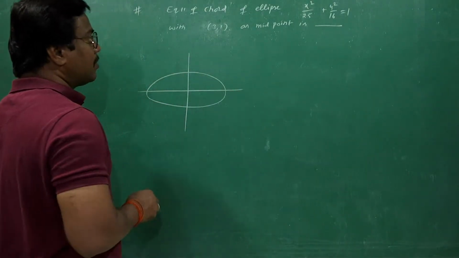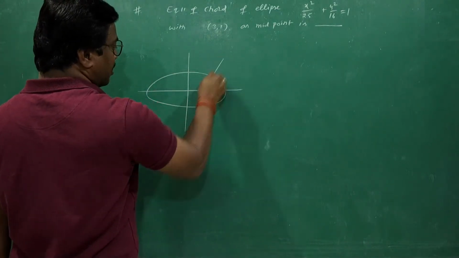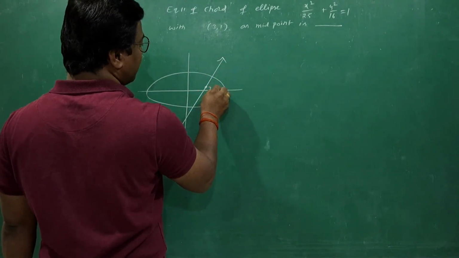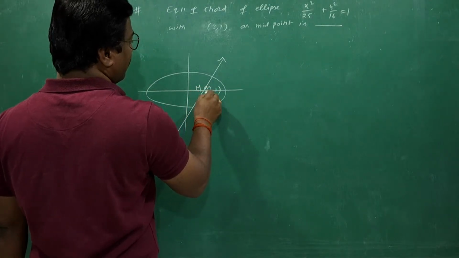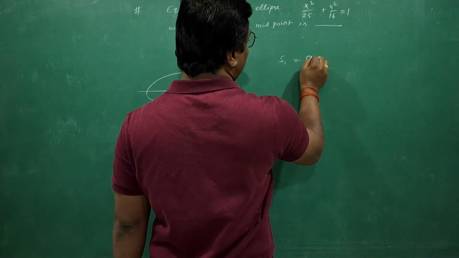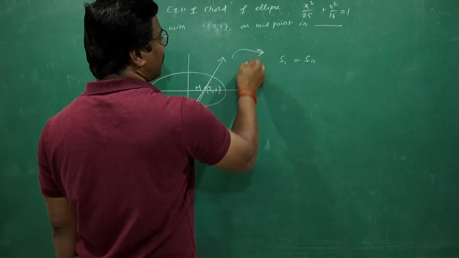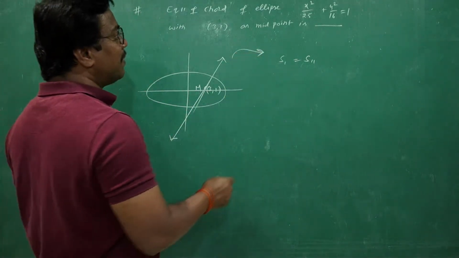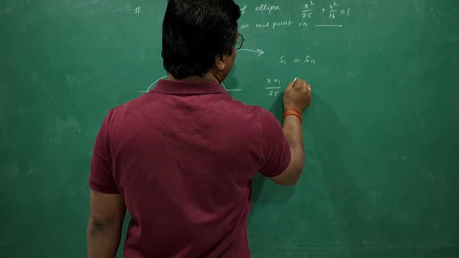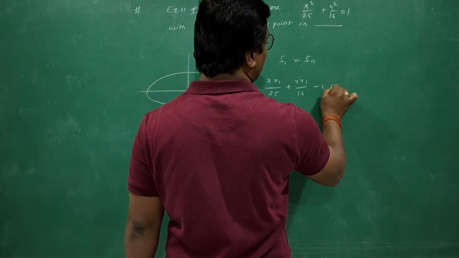Standard form. Suppose that this is the curve, midpoint is given as 3, 1. We know that curve with given middle point formula S1 equal to S11. This is the equation of curve with given middle point. S1 I am going to write. S1 is xx1 divided by 25 plus yy1 divided by 16 minus 1 also.